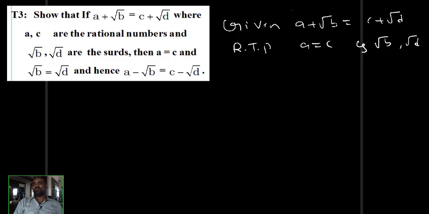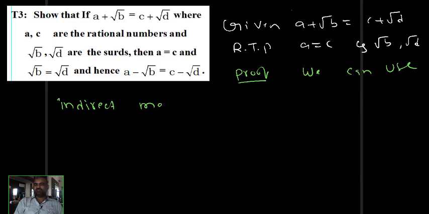Two surds are equal, so now I can compare the rational parts and the irrational parts. Here also I am using the indirect method of proof.